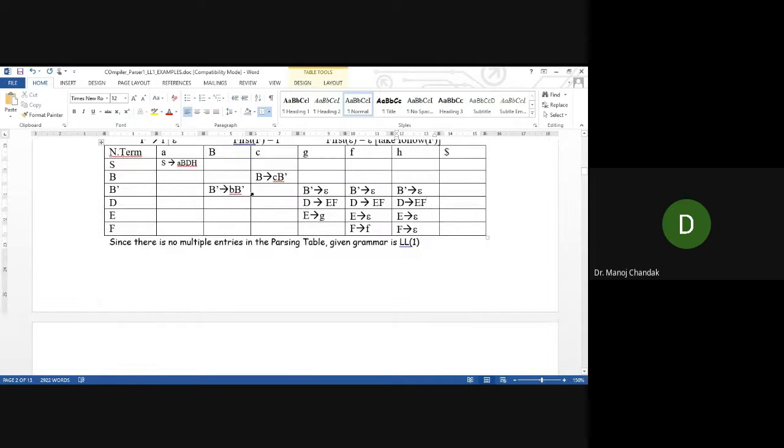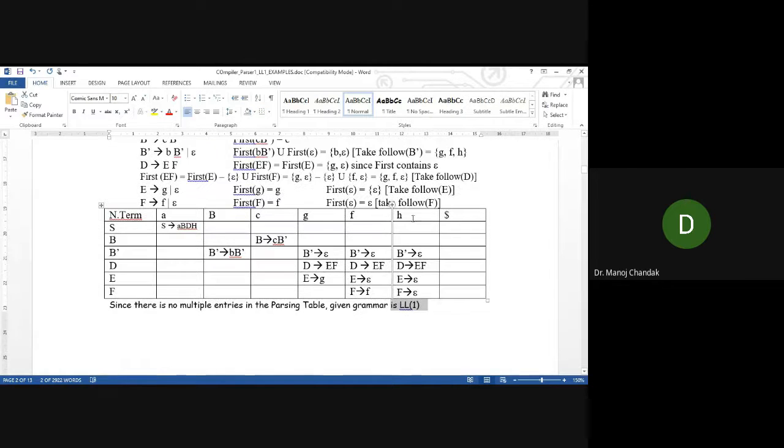So in this way, there are no multiple entries in the parsing table, and the grammar will be treated as LL1. So this way you can easily construct the LL1 parsing table. You have to understand why all these productions are coming here.